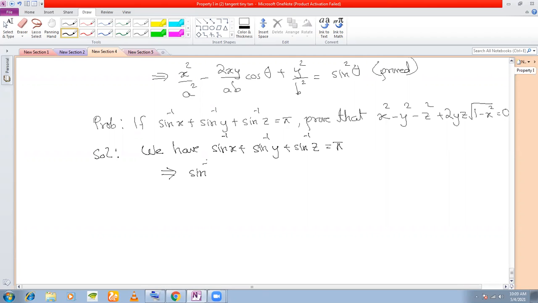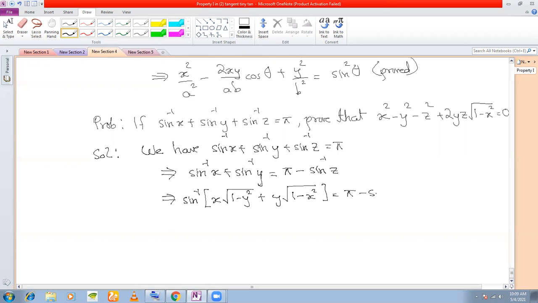Let us say I add up sin inverse x plus sin inverse y, and because I have a pi on the other side, I take this sin inverse z on the other side, pi minus sin inverse z. Now I can add up the two sin inverses on the left hand side. You know sin inverse x plus sin inverse y is x root 1 minus y square plus y root 1 minus x square is equal to pi minus sin inverse z.